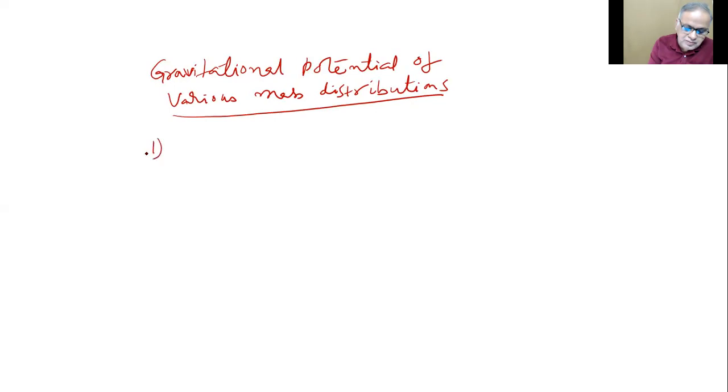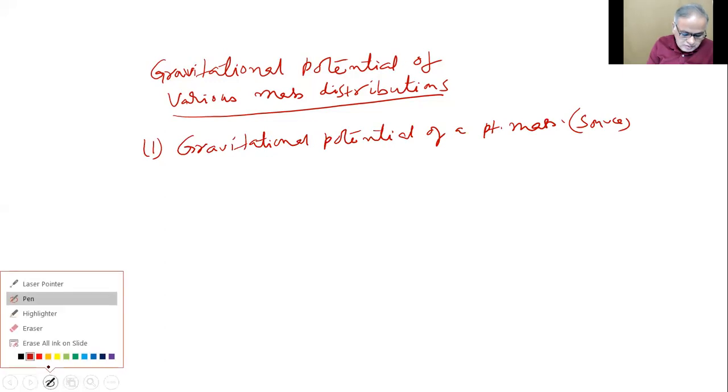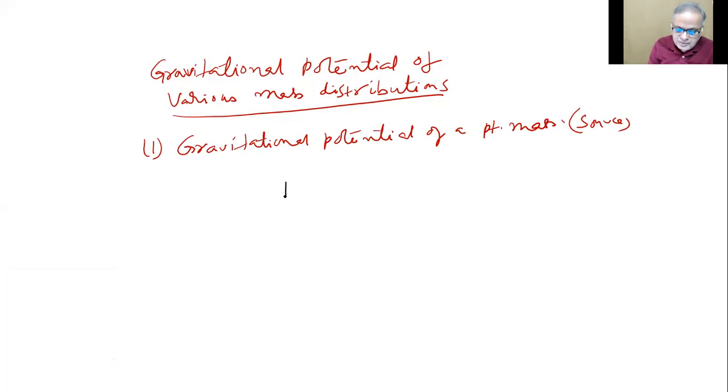First, gravitational potential of a point mass. Point mass means a source. I'm not very sure whether you understood what is source mass and what is test mass, because I've talked about it again and again. This is the source mass. At distance r, what is V?